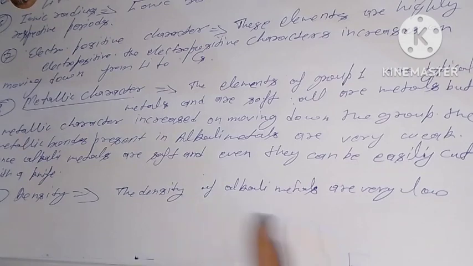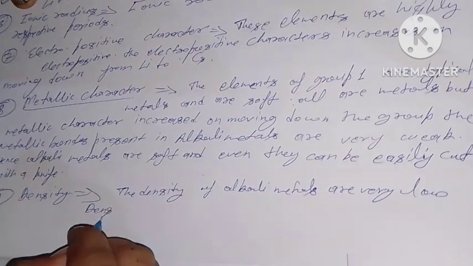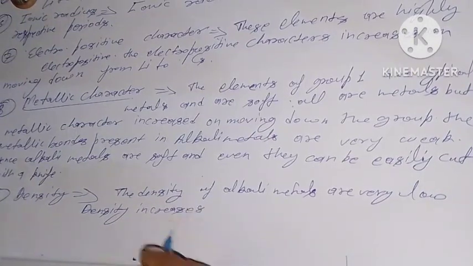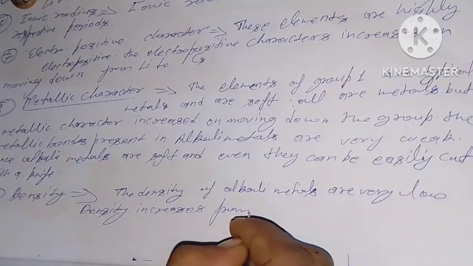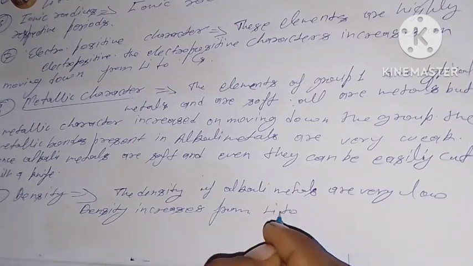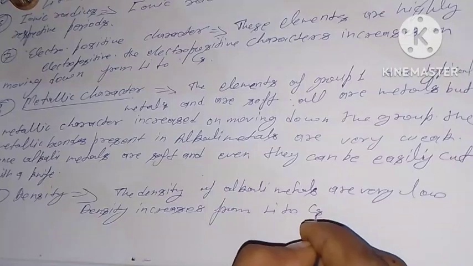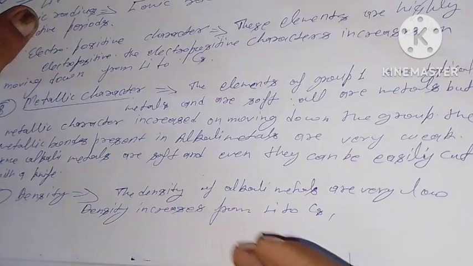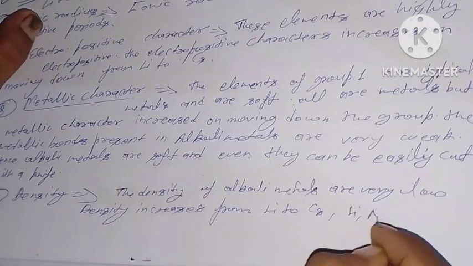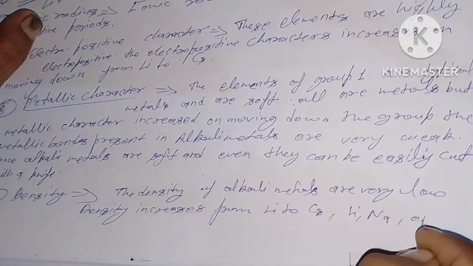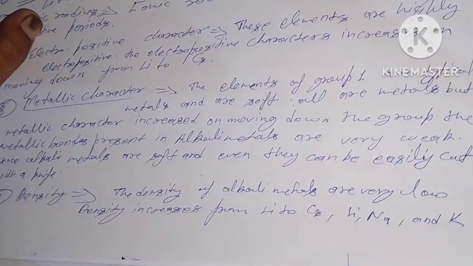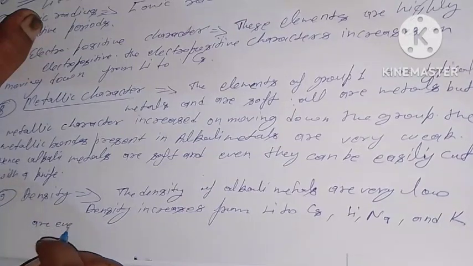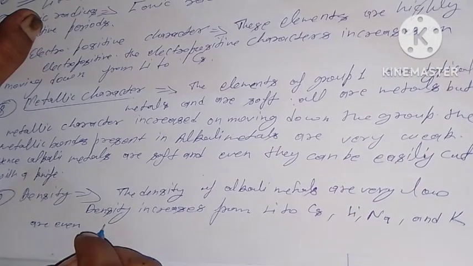Density increases from lithium to cesium. Lithium, sodium, potassium are even lighter than water.